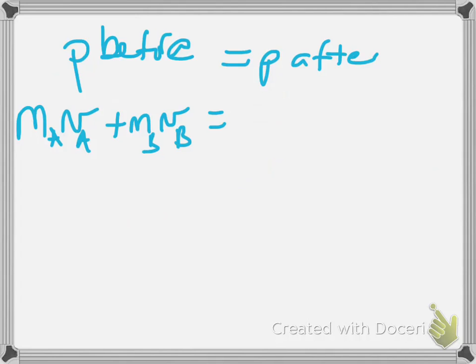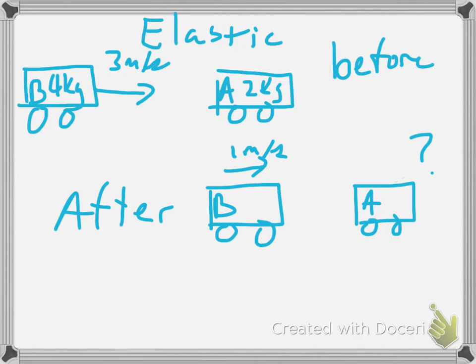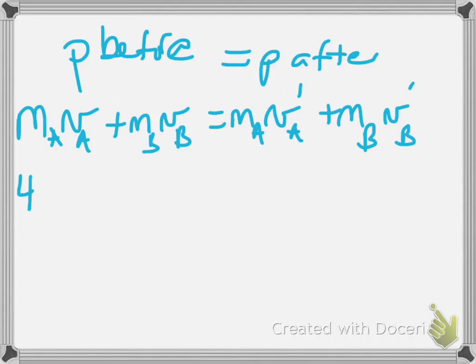They're both moving, so that would be the mass of cart A again times its final velocity, which you use a little tick mark for, plus the mass of cart B times its final velocity. Initially, let me go back and check real quick. Initially, we've got a 4 kilogram mass going at 3 meters per second.